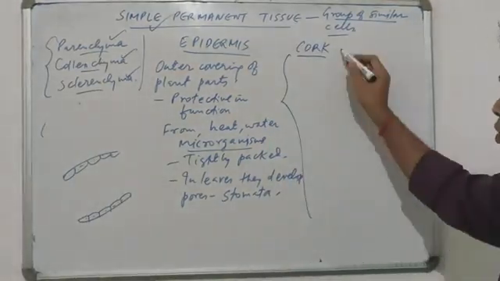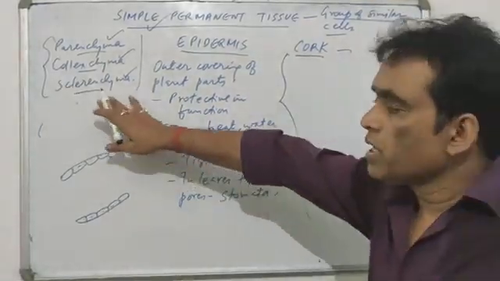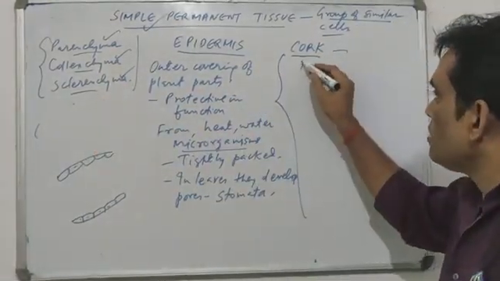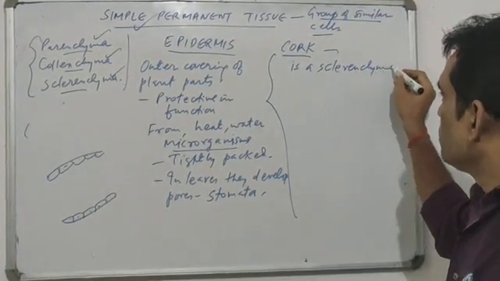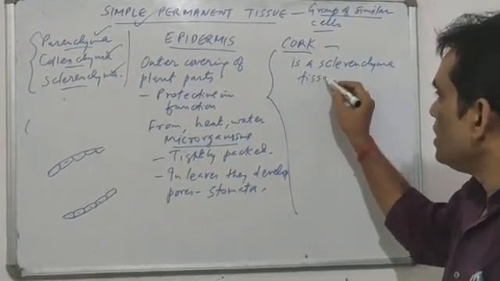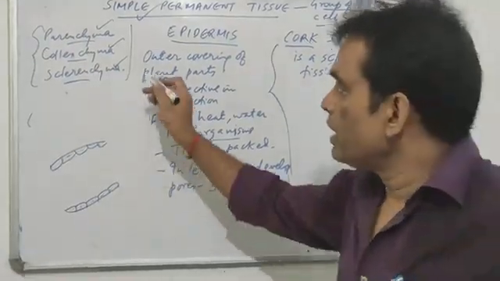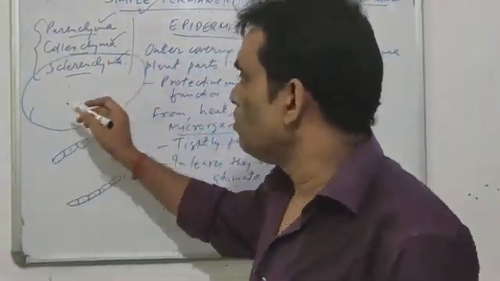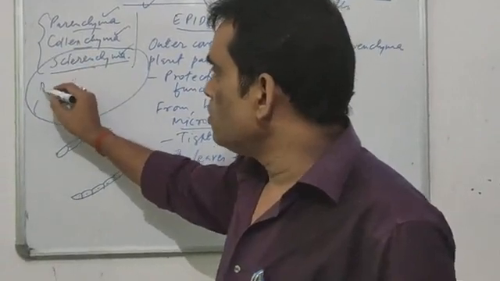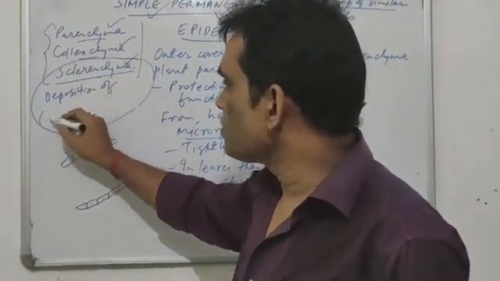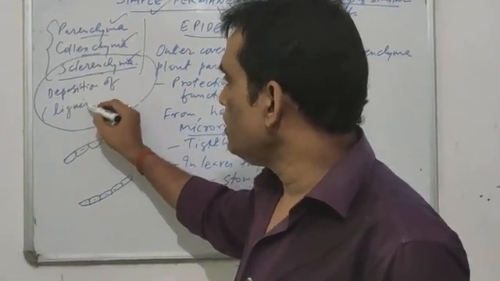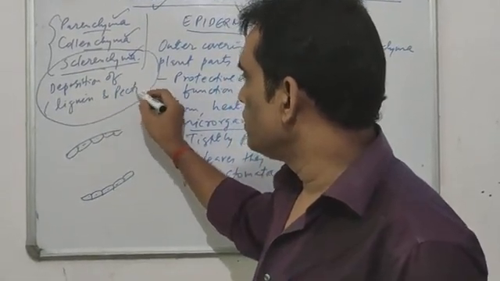The next is cork. If you understood what is sclerenchyma, I can say cork is a sclerenchyma tissue. So why are we studying it separately? The sclerenchyma that we have studied till now is due to deposition of wastes called lignin and pectin.